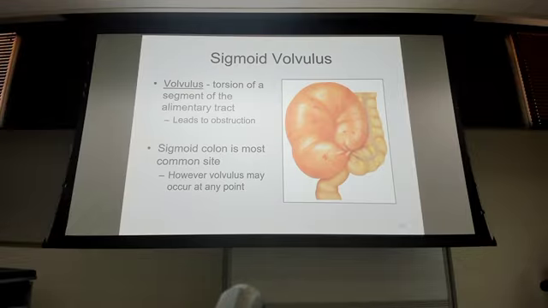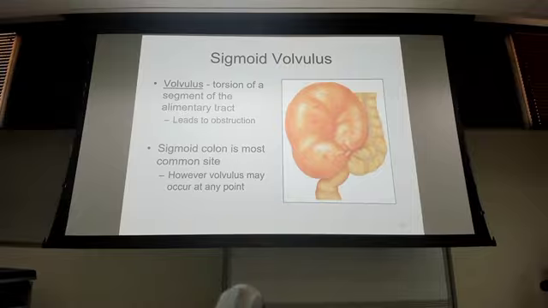Next topic is a sigmoid volvulus. No longer a pseudo-obstruction because something mechanical is happening in a sigmoid volvulus. The bowel is actually twisting in on itself, causing an obstruction. Just like a balloon, pull it, twist it, we've got an obstruction where there's twisting of the sigmoid, normally the sigmoid colon. That is called a volvulus when you have that torsion.